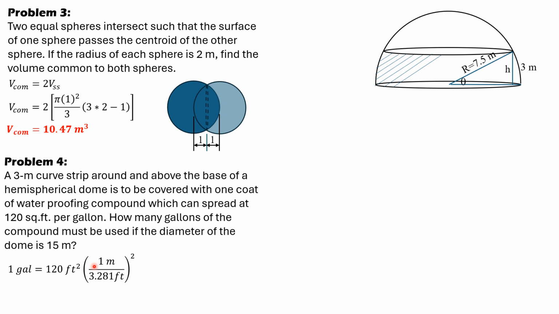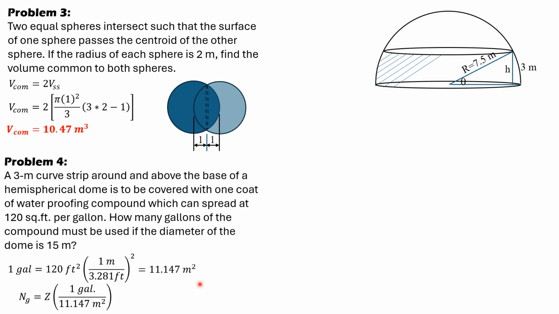And it is equal to 11.147 square meters. So 1 gallon can spread 11.147 square meters of area. So the number of gallons required is zone area times 1 gallon per 11.147 square meters.